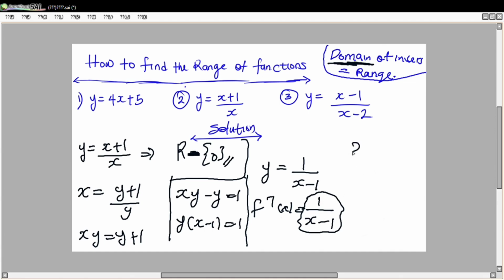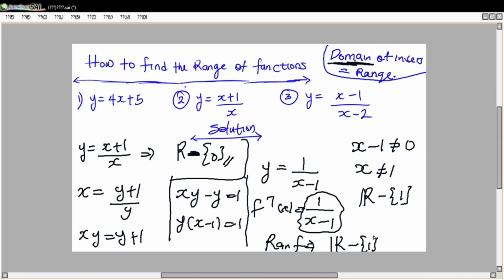So that means x minus 1 must not be equal to 0. x must not be equal to 1. So the domain of this function here is all real numbers except what? Except 1. So it implies that my range of f is equal to all real numbers except 1.